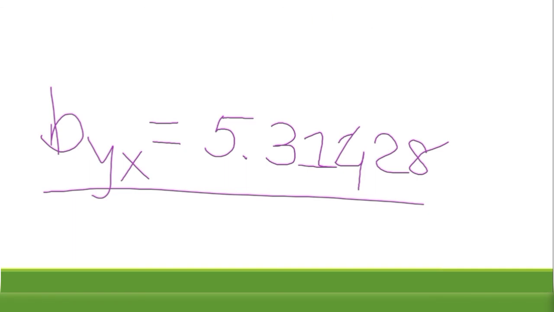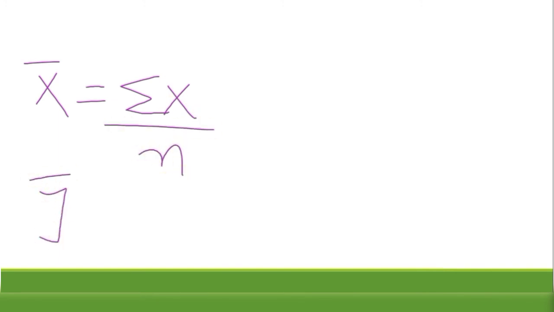Next, we will have to find out x bar and y bar. So x bar is equal to sigma x upon n and y bar is equal to sigma y upon n.